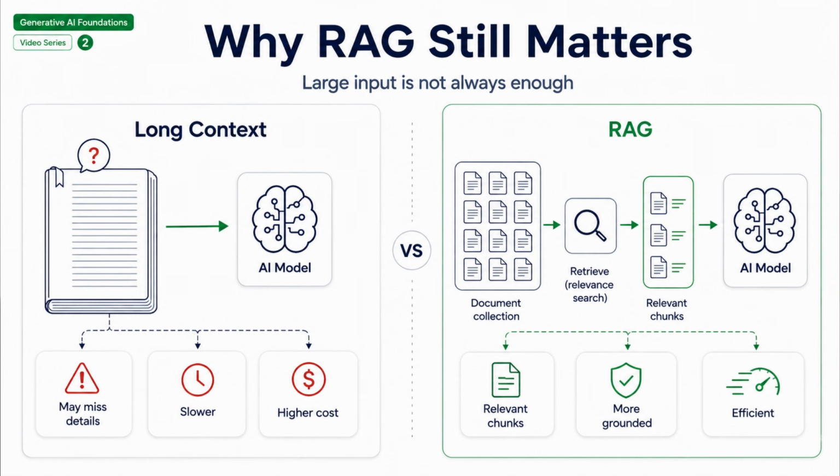Just because the model can accept a huge amount of text doesn't mean it will perfectly understand or use every detail inside the context, because the model may still miss information while focusing on the wrong section, or become slower or more expensive when processing extremely large inputs.